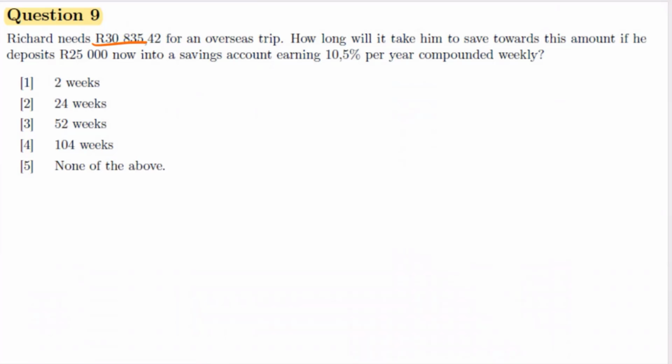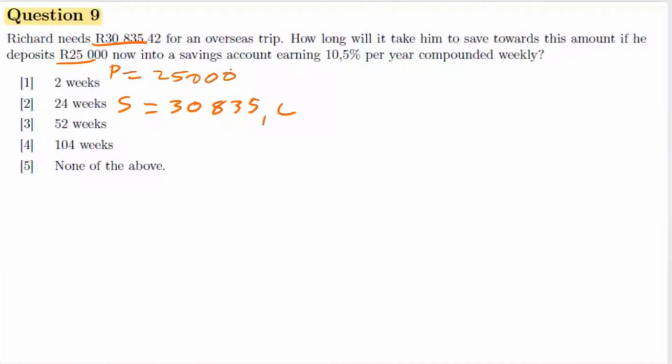This guy needs this amount for an overseas trip, a future trip. How long will it take for him to save towards this amount? If he deposits, so this is a deposit, that is your present value. So your present value is 25,000. This is the amount that he needs for the future trip, so that is a future value, comma 42. How long will it take? We are looking for t.